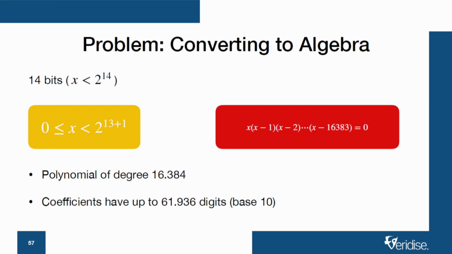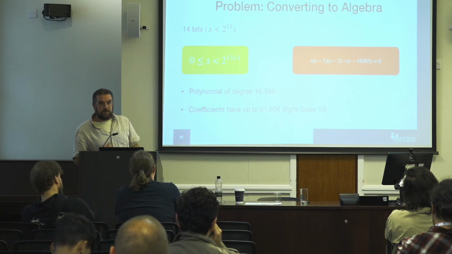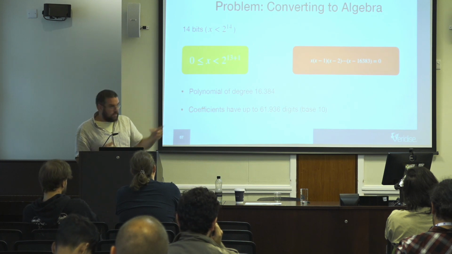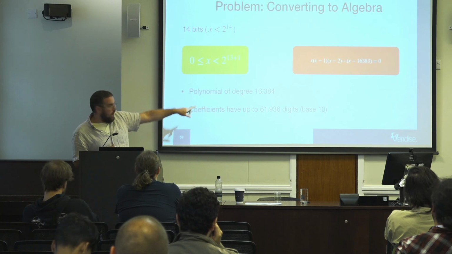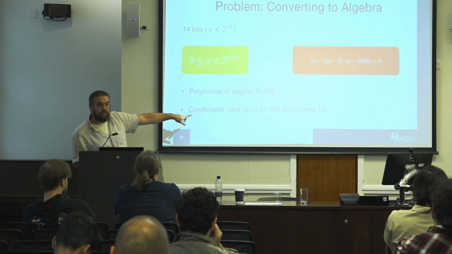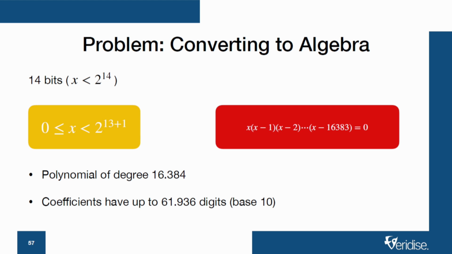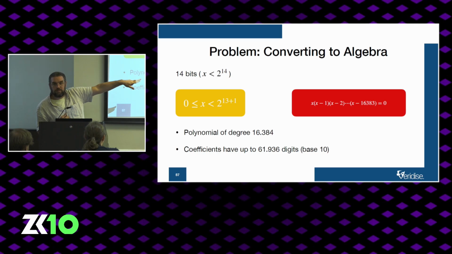And if you take such a range constraint and translate it into algebra, it would just say that x can take a value between 0 and 16,383. But this corresponds to a polynomial which has a very high degree, and the coefficients are huge. The constant coefficient is the product of all numbers up to 16,383, so it's almost a 62,000-digit number.